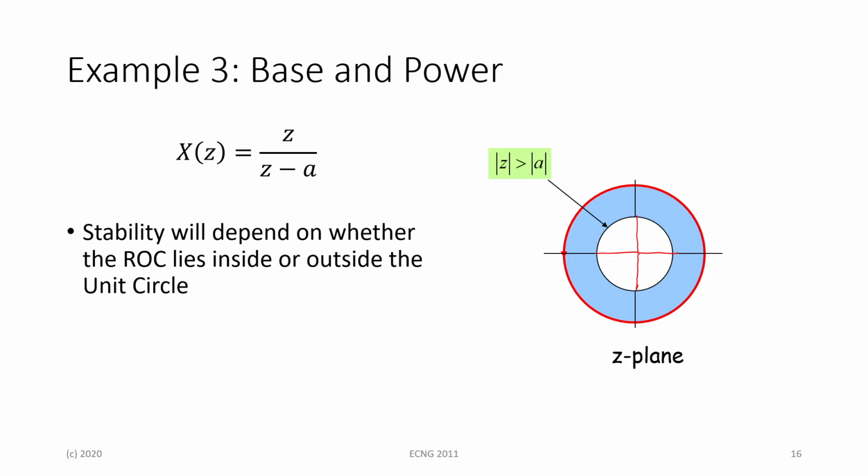Let's say this was the center of our axes, and from here to here represents the radius of that circle. That's going to be a. If the modulus of z is more than the modulus of a, we'll be shading everything outside that circle of radius a.